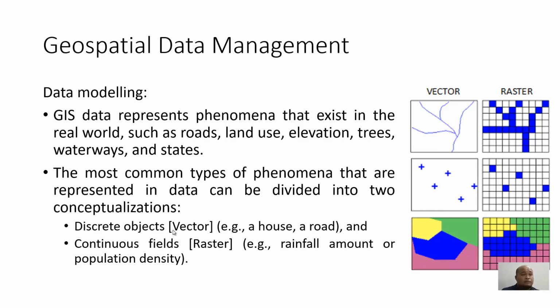But raster is still continuous, because it is like a piece of cloth. The system still needs to take a look from one end to the other end of that cloth or image, right?